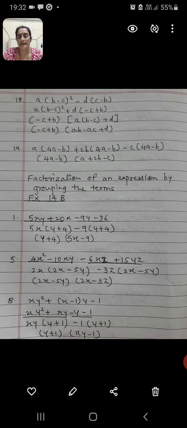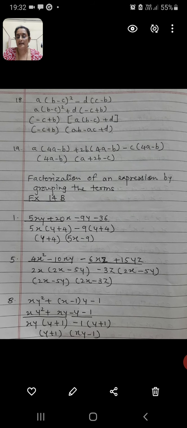So we'll keep that as it is. Now we'll open the bracket. When you multiply a with b, that is ab, multiply a with minus c, that will be minus ac, plus d. So the factors of the given term are minus c plus b and in the bracket ab minus ac plus d. Fine.